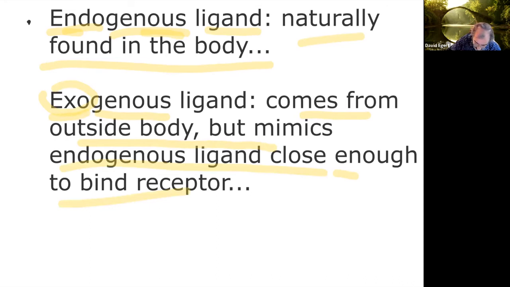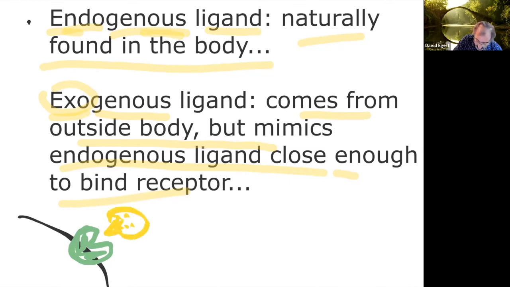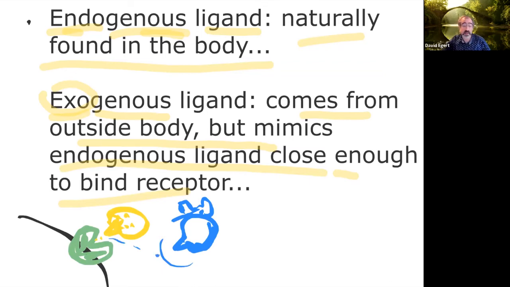So again, we have some cell, we have some receptor, and you have some ligand that normally fits in there. It might be that there is some other thing from outside that has a shape close enough that it can also get in there and bind.